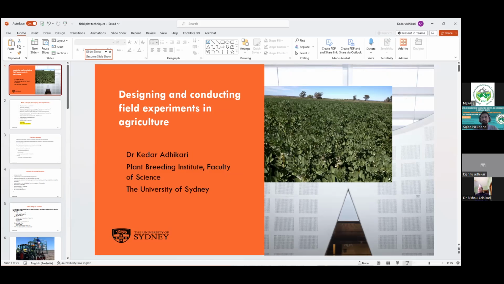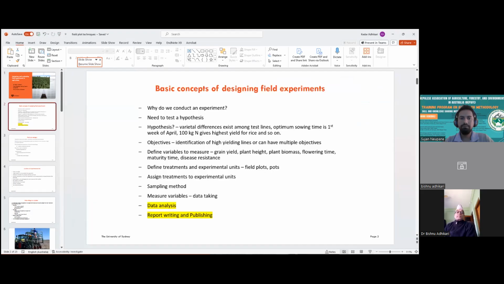All right, so let's start the formal session. We want to test something. That's why we need an experiment, and we would have some hypotheses to test, right?